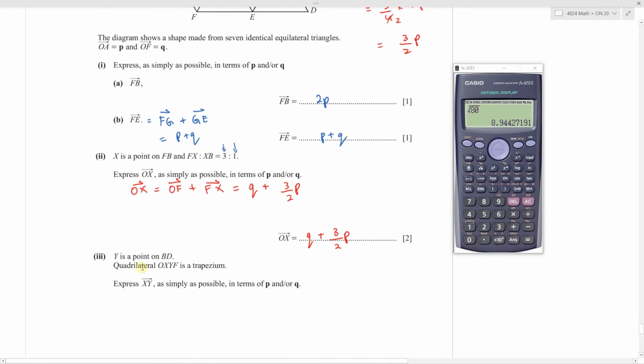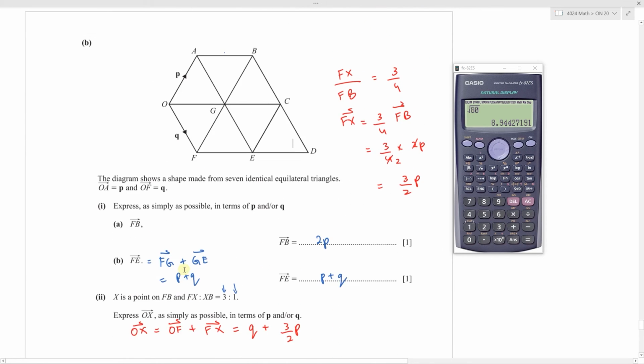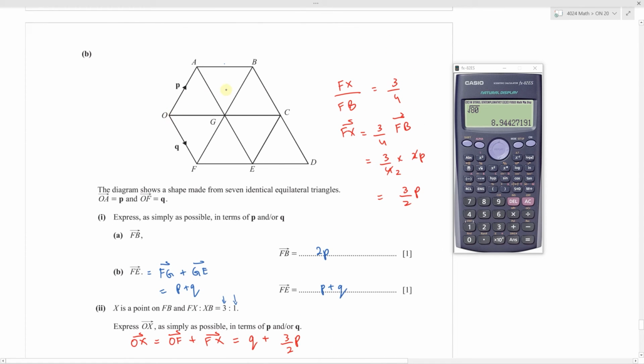And then quadrilateral OXYF is a trapezium. So OX, oops, I deleted X. X was here from the previous part, and this was 3:1. So OX and then YF is a trapezium. Let's mark Y somewhere here. We can always change the location afterwards.